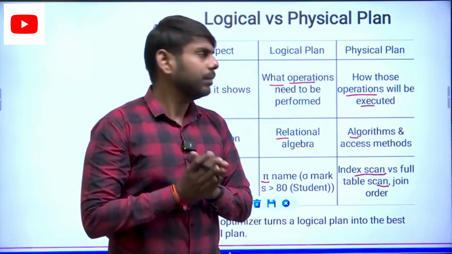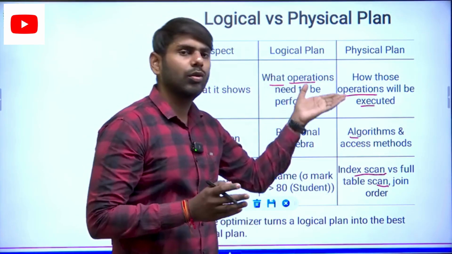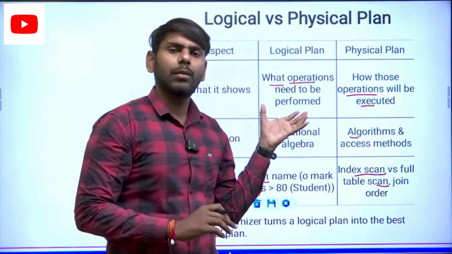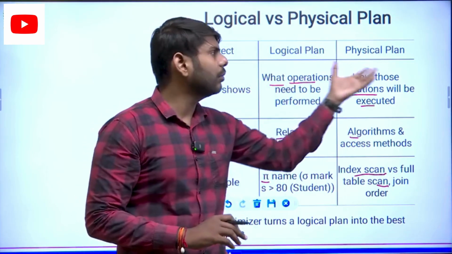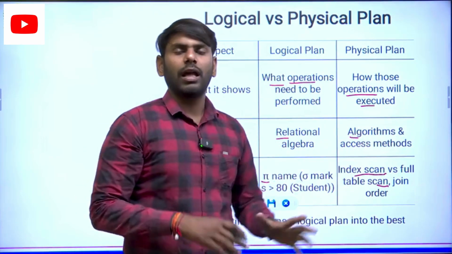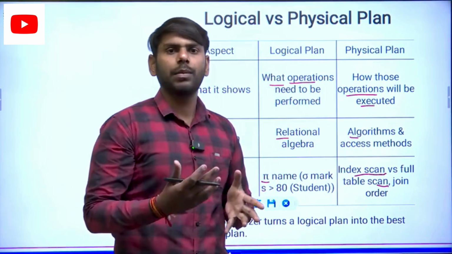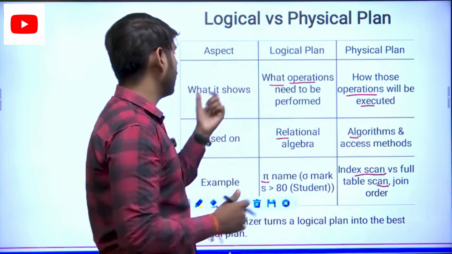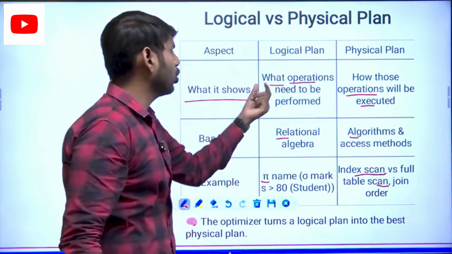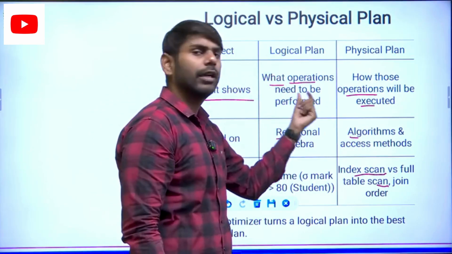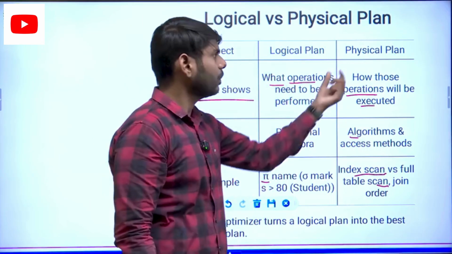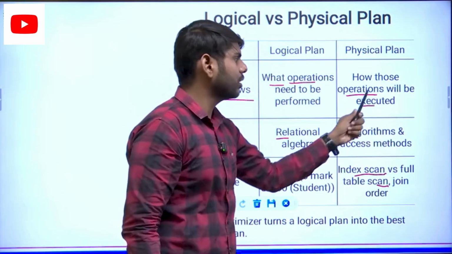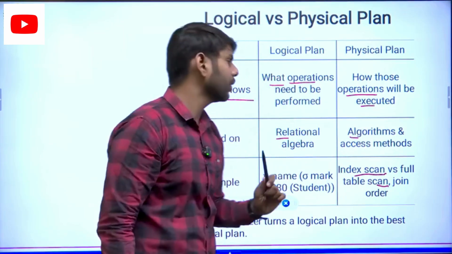First of all, if you are executing your query, a logical plan will be created. Based on that logical plan, we will create multiple physical plans, and from those physical plans, we will select the efficient one. So the logical plan shows what operations need to be performed, and the physical plan shows how those operations will be executed.